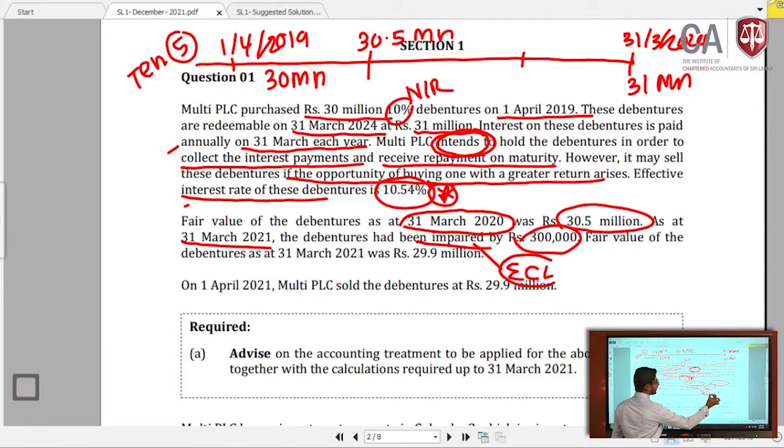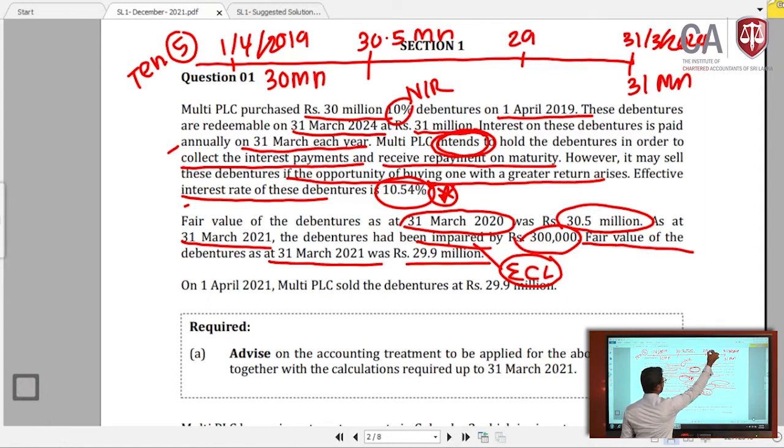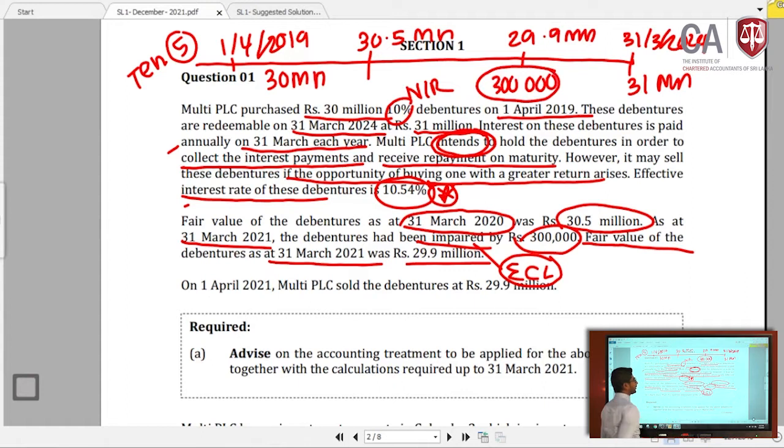ECL, expected credit losses, of 300,000. Fair value of the debentures as at 31st March 2021 is 29.9 million. Here we have 300,000 impairment or expected credit loss allowance as at 31st March 2021.